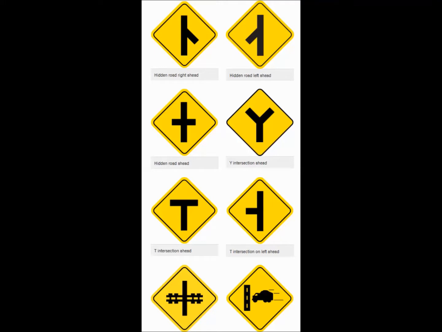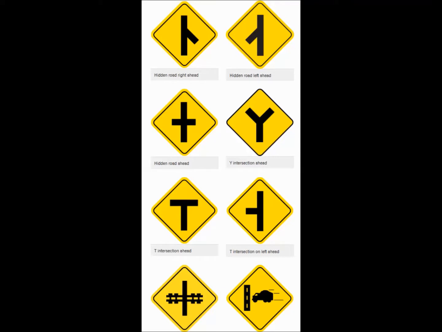Image description. A yellow diamond with a black outline. A black vertical rectangle with a slightly shorter horizontal rectangle overlapping it. Hidden road. Image description. A yellow diamond with a black outline.